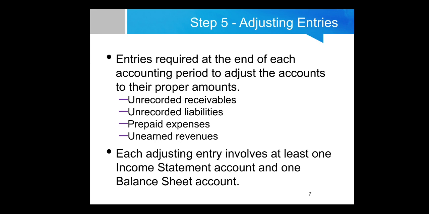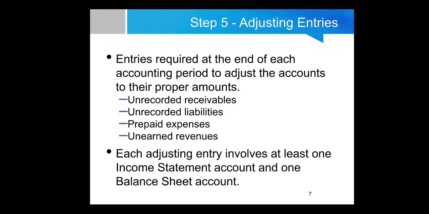If a question asks why adjusting entries have to be done, the answer is, in order to follow the matching principle. Matching principle says when you want to calculate profit for an accounting period, you have to match revenues of that period with expenses for that period only.